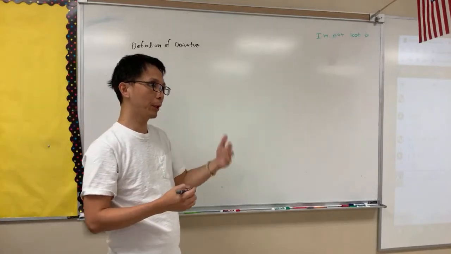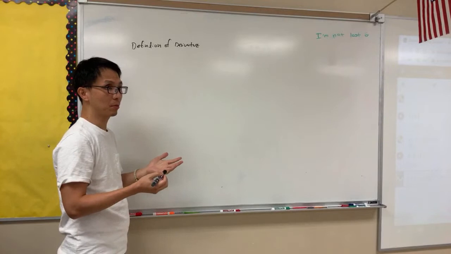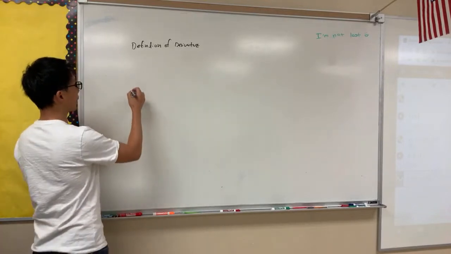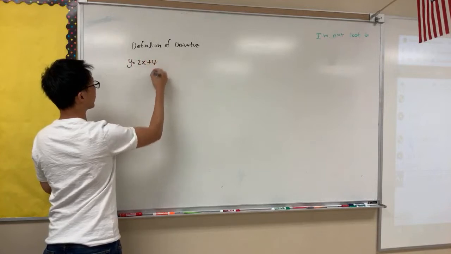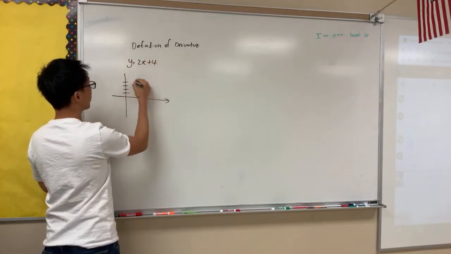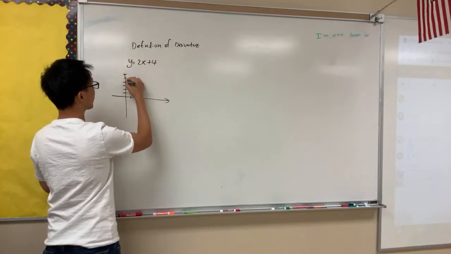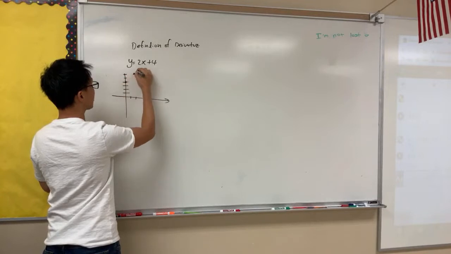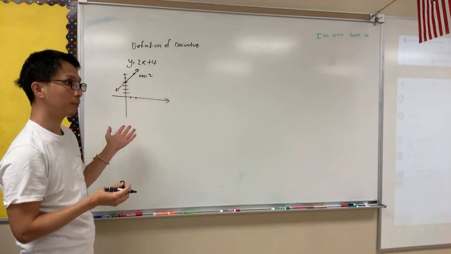In algebra 1, we learned how to find slope. For example, we know how to find the slope of y equals 2x plus 4, right? The slope is 1, 2, 3, 4, and then 1, 2, and 1, 2. So the point is, my slope is 2, right? So we know this from algebra 1.